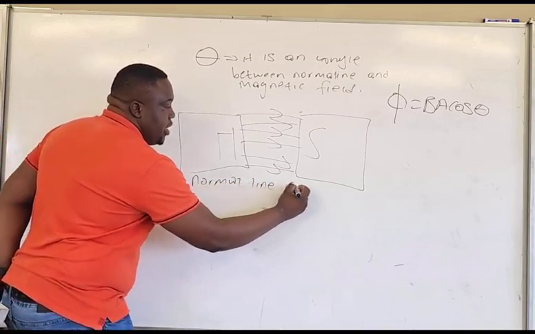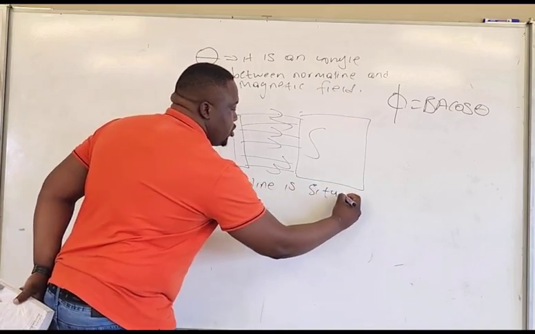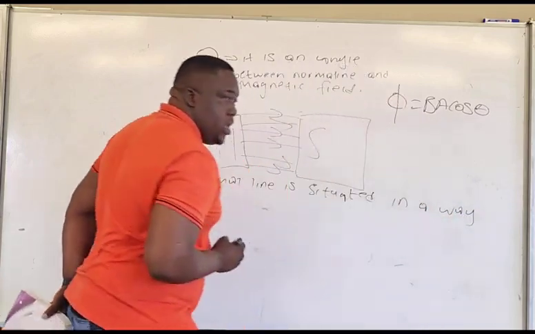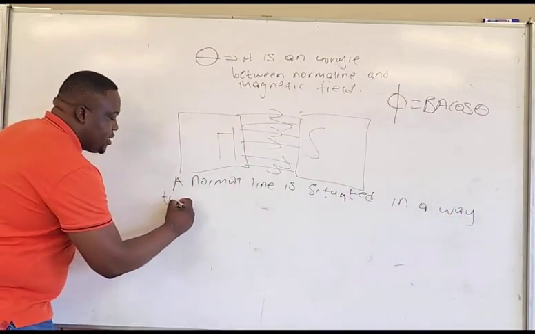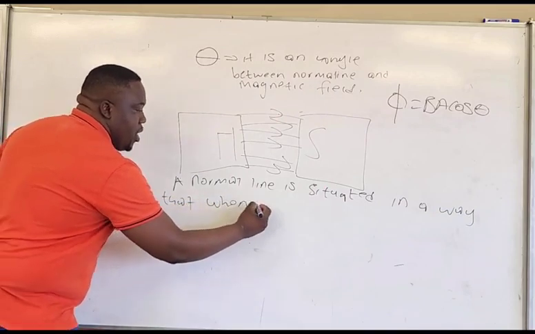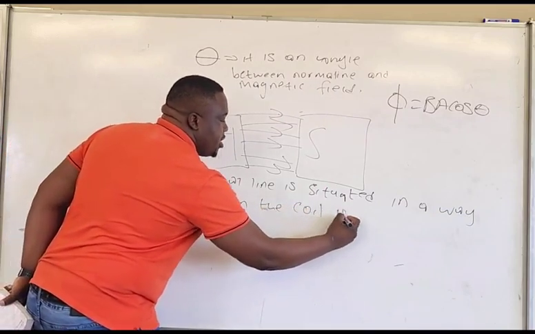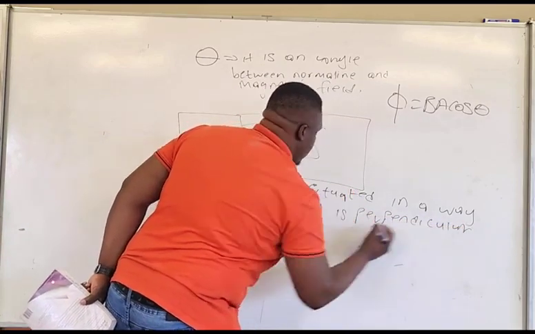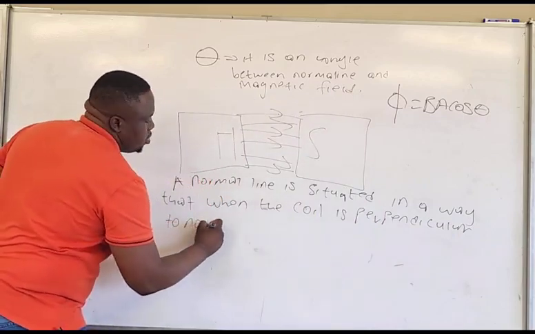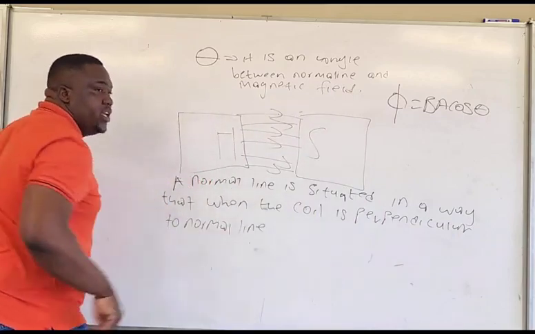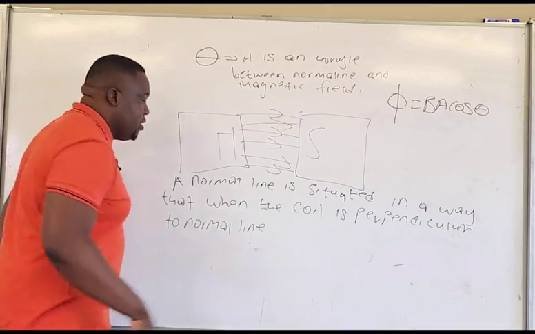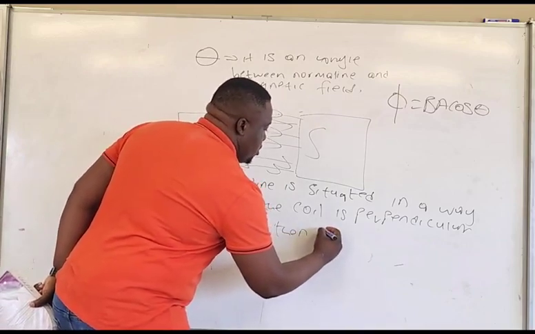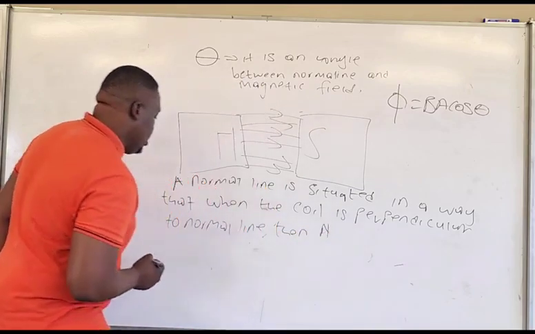So let me write: a normal line is situated in a way that, take note of that, when the coil is perpendicular to the magnetic field line, then the normal line is parallel to the magnetic field line.